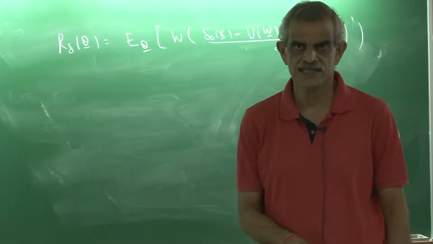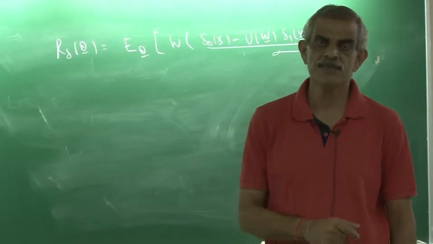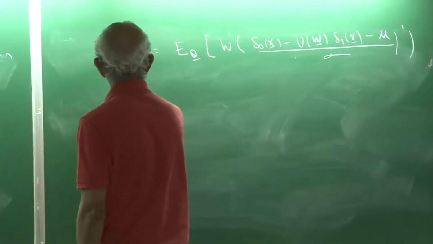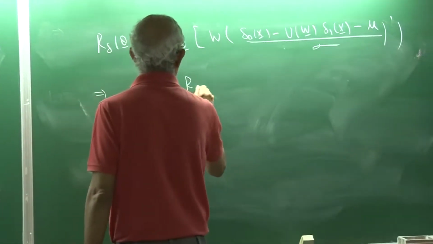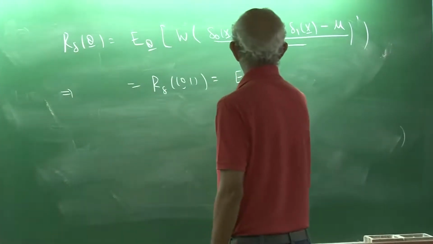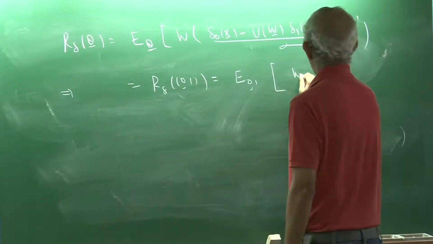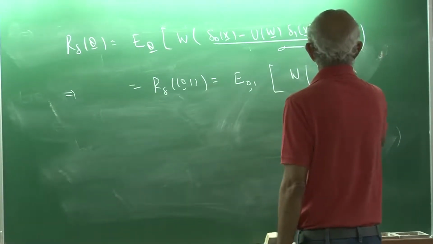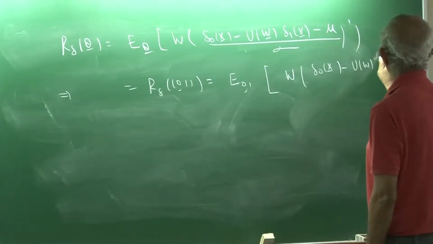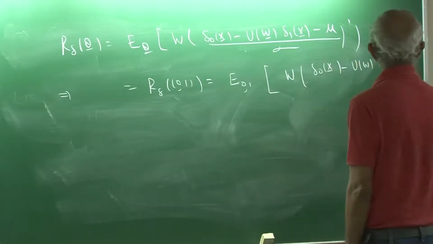We have already seen it while estimating sigma. G bar acts transitively, that means my risk function is constant. So this is the same as R of delta at 0, 1, which is the expected value when mu is 0 and sigma is 1, of W of delta naught x minus uw delta 1x.